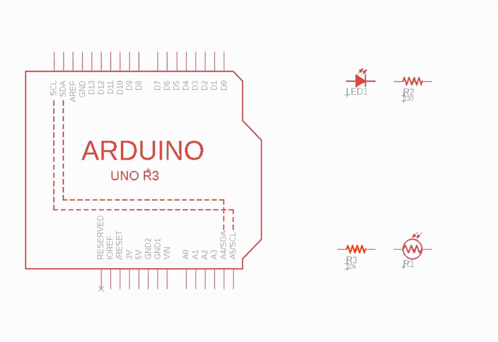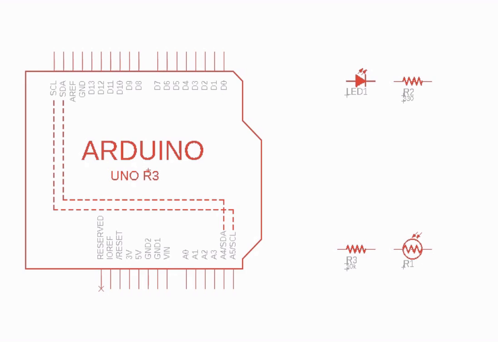So when I connect those in series and then read the point in between them, that will give me a voltage value that varies depending on the current resistance of my photoresistor.